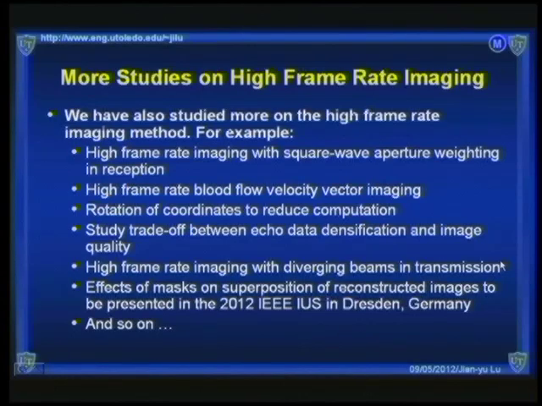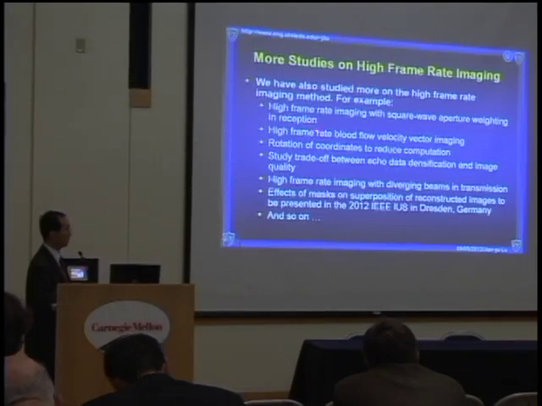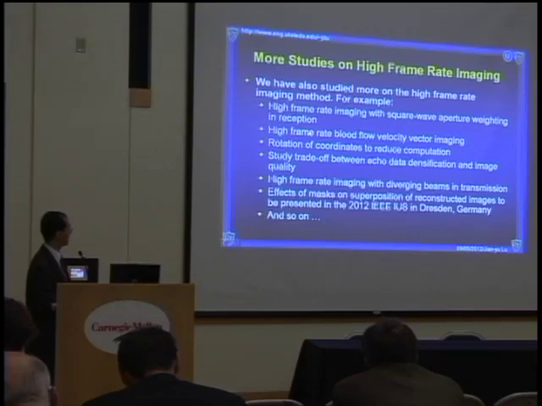In addition to the study I just have shown you, we also have done more studies on this high frame rate imaging method. For example, we also applied square wave aperture weighting on the reception side, as well as applied the technique to high frame rate blood flow velocity vector images.